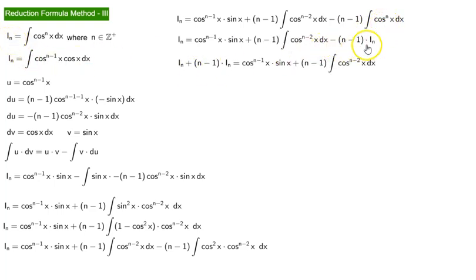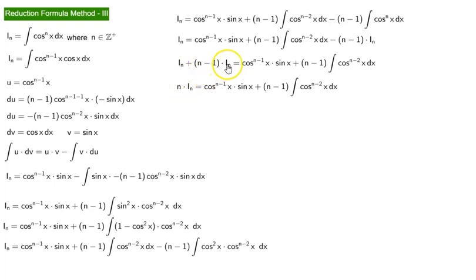We bring n minus 1 times I_n to the left hand side. We get I_n plus n minus 1 times I_n is equal to the rest. I_n plus n times I_n minus I_n. So I_n and minus I_n cancel out.